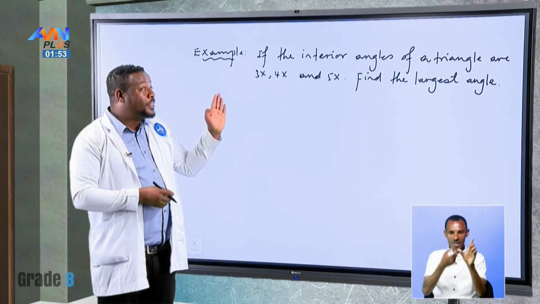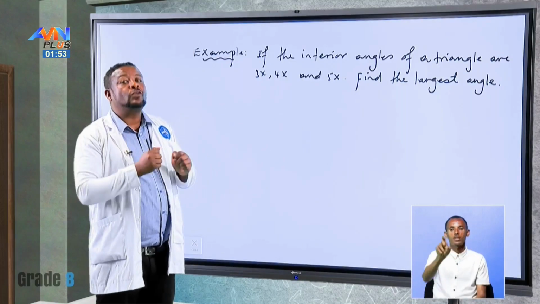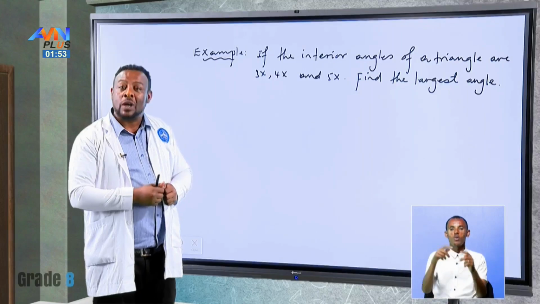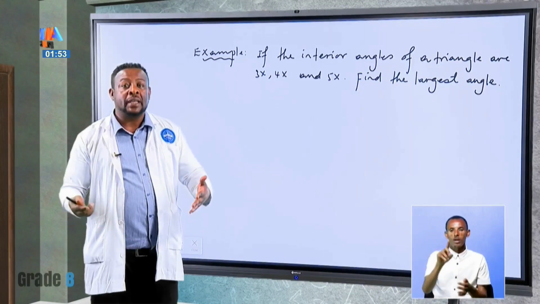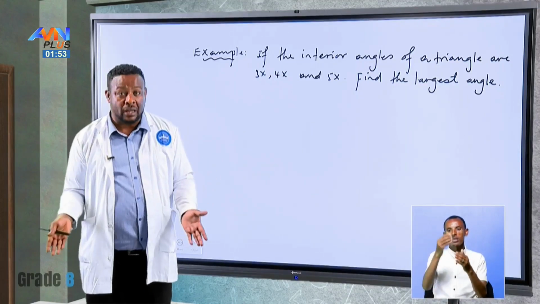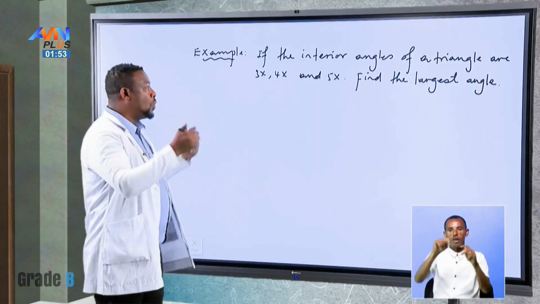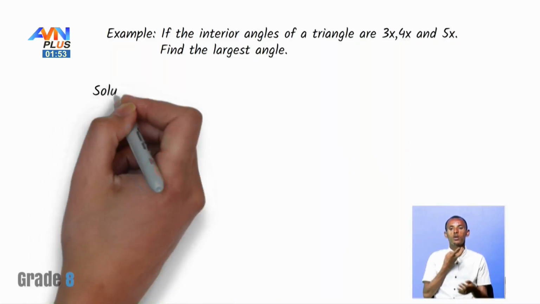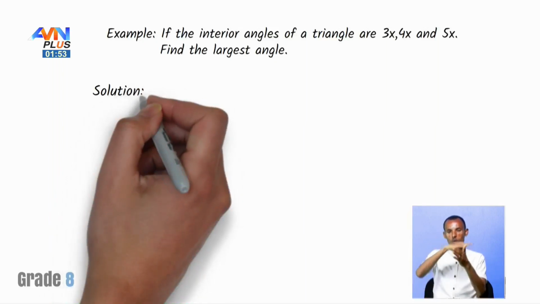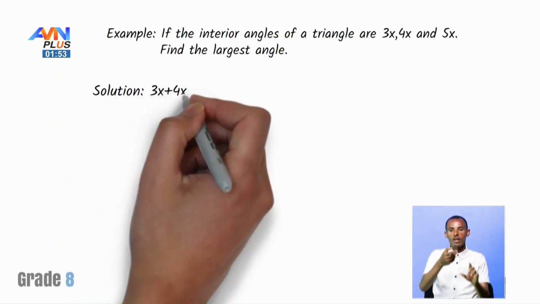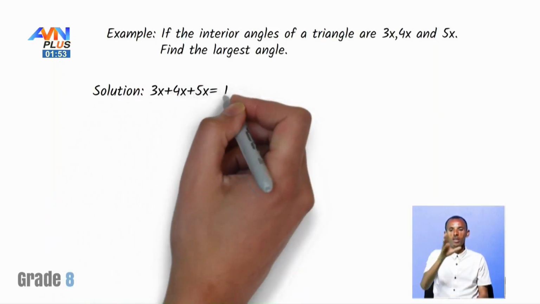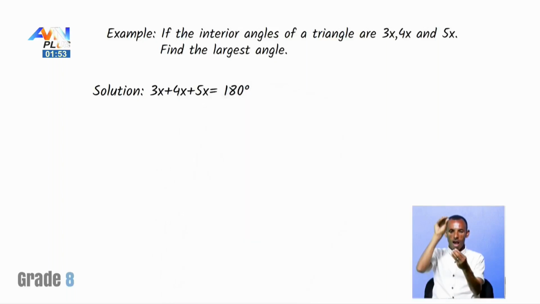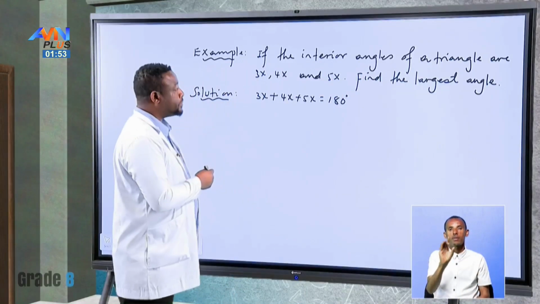Okay, to answer this question, you need to follow Theorem 5.1, which deals with the sum of the interior angles of a triangle, nothing more. So here we need to add all these interior angles: 3x, 4x, and 5x add up to 180 degrees, right?